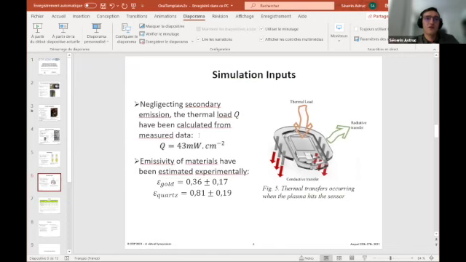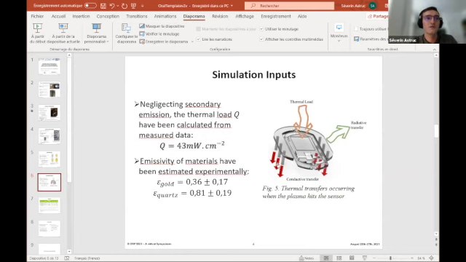In this sensor, there are three thermal transfers: the thermal load on the proof mass, the radiative transfer, and the conductive transfer. The thermal load has been experimentally determined as 40 milliwatts per square centimeter.